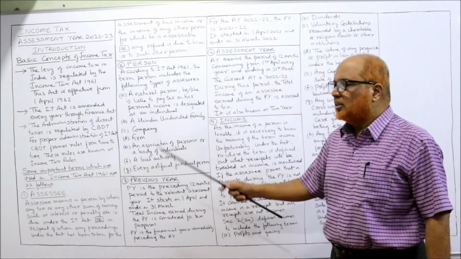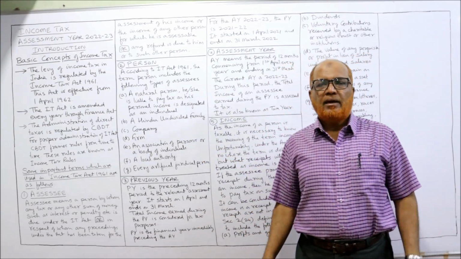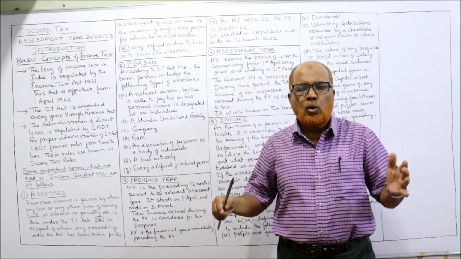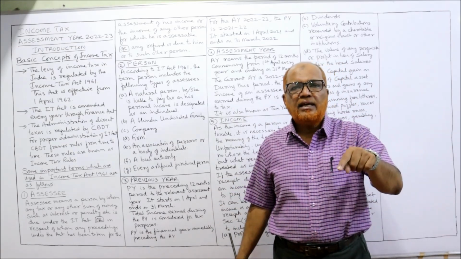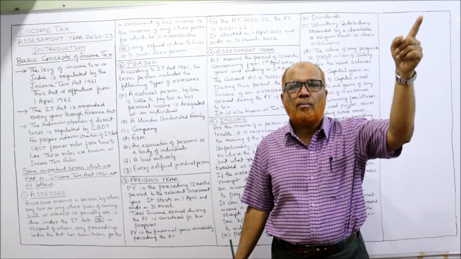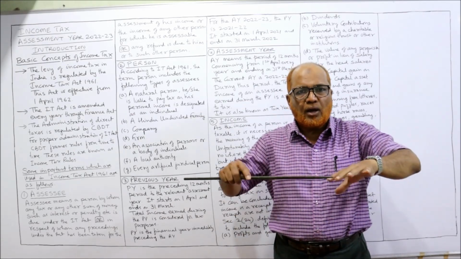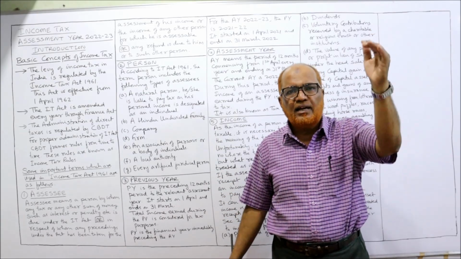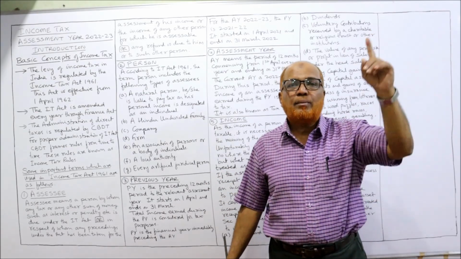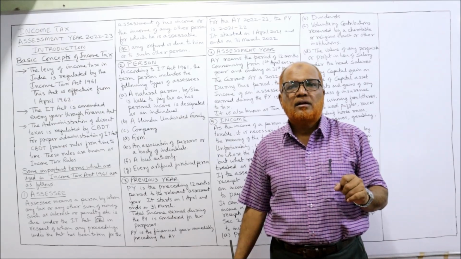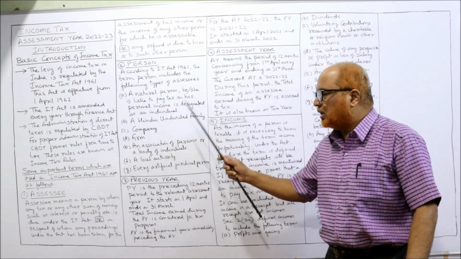Second person is Hindu undivided family. A Hindu undivided family is a group of persons lineally descendant from a common ancestor. So in the Hindu community, a group of persons lineally descendant from a common ancestor is called a Hindu undivided family.